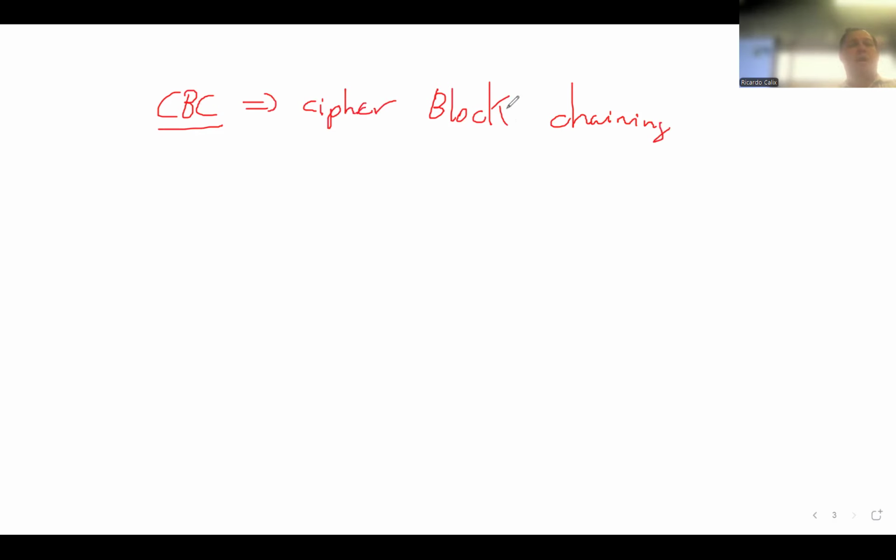This is where we now have an initialization vector, IV. So the message is made unique by introducing a previous block that's being used in the encryption. So we're going to see this one in a diagram form, CBC. Make sure you understand how this works because we're going to be implementing this in Python this Thursday.